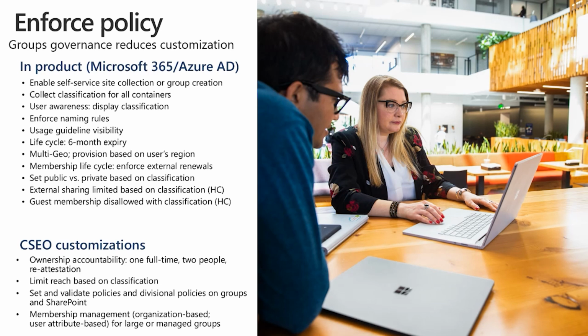I do things like for multi-geo to say, hey, the employee creating this group is a European employee. Oh, great. Go create the assets for that group in SharePoint and email in Europe. Don't provision them in a different region because those assets should remain in Europe. And so the group will provision in the right place.